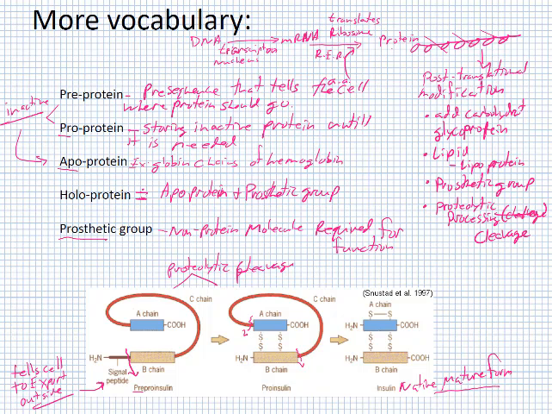So I was talking about hemoglobin. The apoprotein would be the globin chains. So that's the protein part. There's actually two different kinds. There's alpha and beta chains for hemoglobin. The prosthetic group is the heme. It's a non-protein molecule called a heme. That's the prosthetic group. It gets covalently bound to, so incorporated into the protein, and then we have the holoprotein.